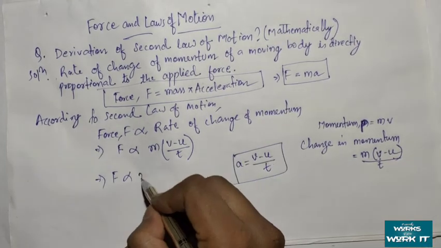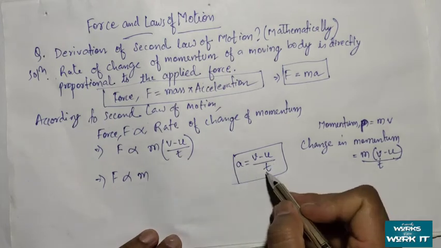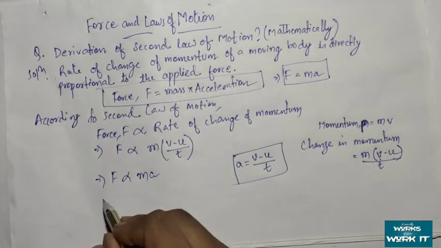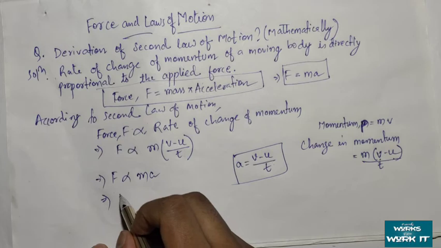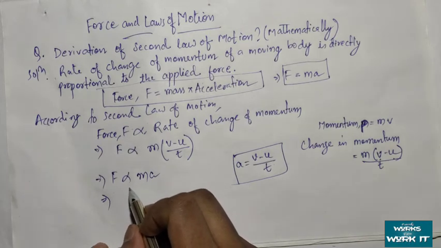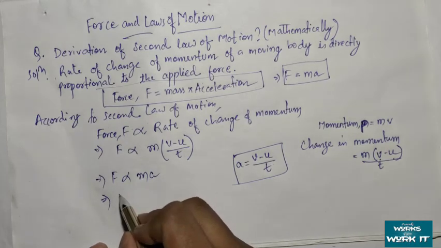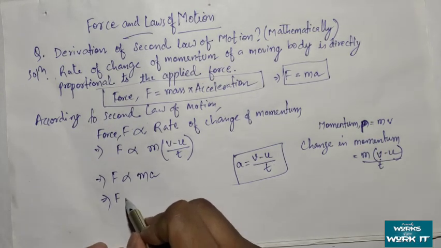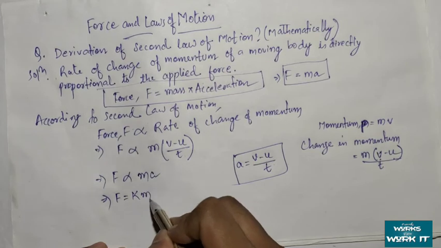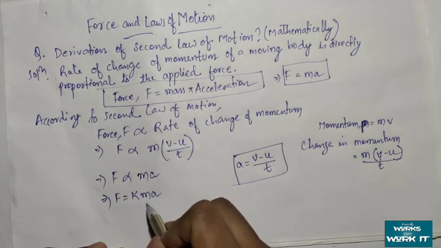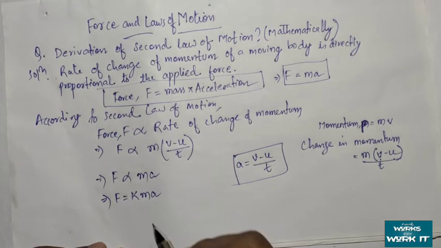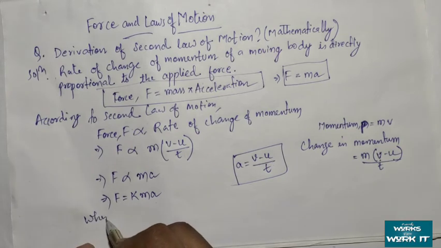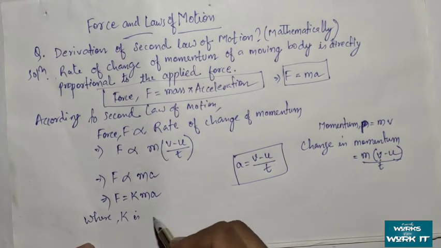So instead of v minus u by t, I am writing here a. In order to remove the directly proportional symbol, we need some constant term. Using that we can write F equal to k ma, where k is some constant.